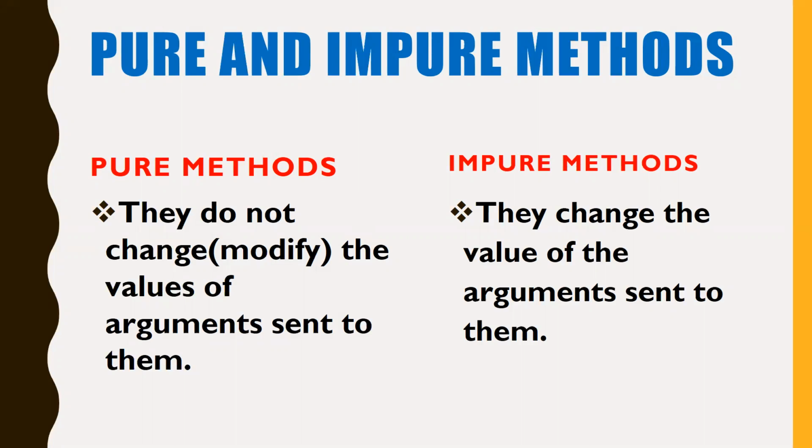And impure methods are those which, if we send the arguments, will change the values. This is the main difference between pure and impure methods.